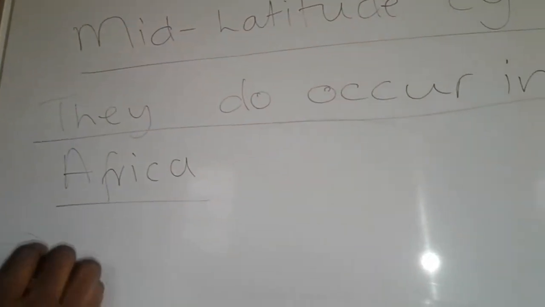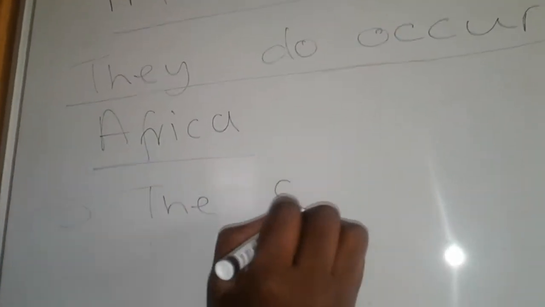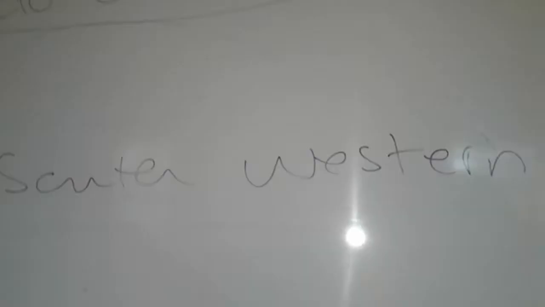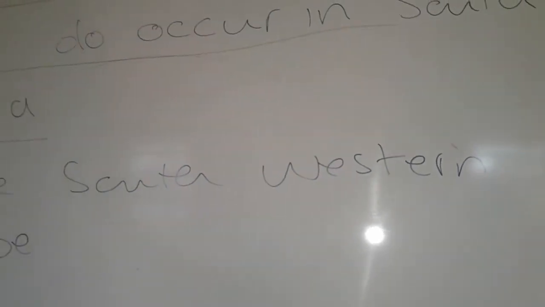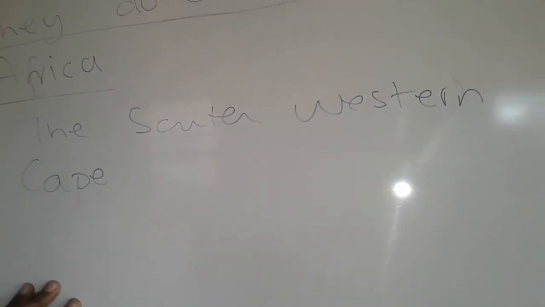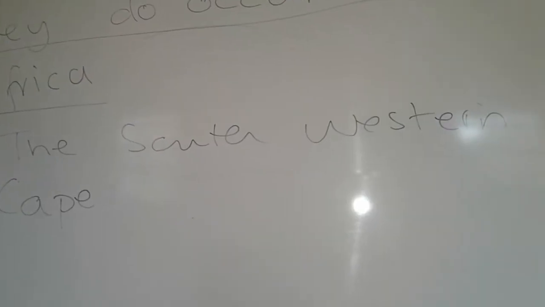It is the southwestern Cape. Remember we said it is around about 40 to 60 degrees north or south of the equator. So they do impact on weather conditions that we experience in South Africa.